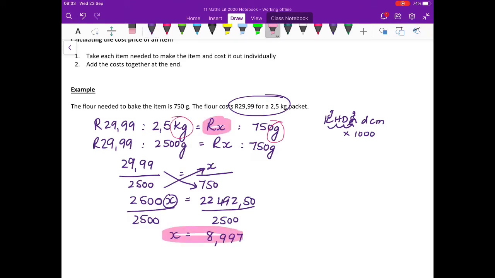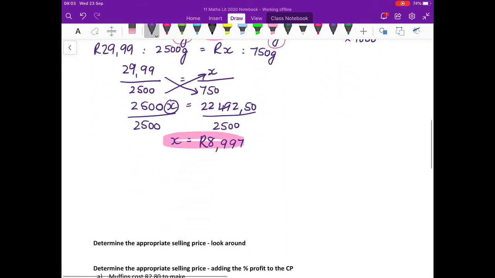Remember, we need to go and have a look at what X equals. X was rands, so this will be 8 rand, 997. So X is going to be, round to 2 decimal places. I have to add 1 on there. Look at the neighbor, 5 or more, let it soar. So 9 and 1 is 10, carry 1, 9 and 1 is 10, carry 1, 8 and 1 is 9.